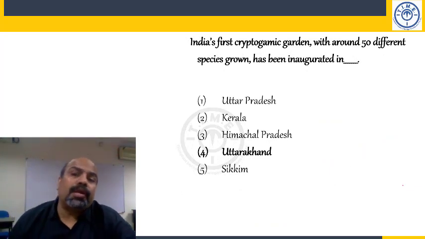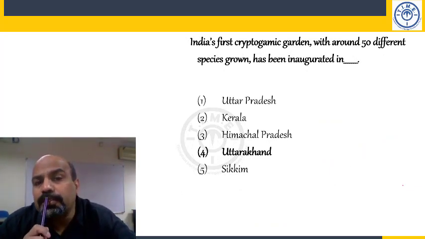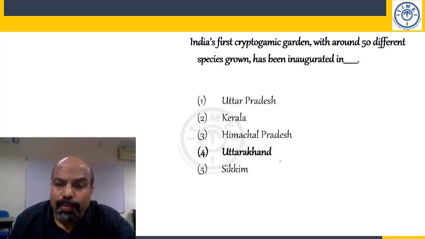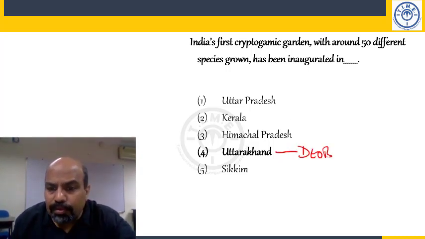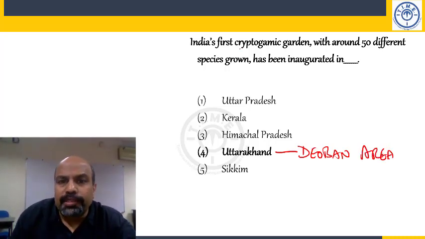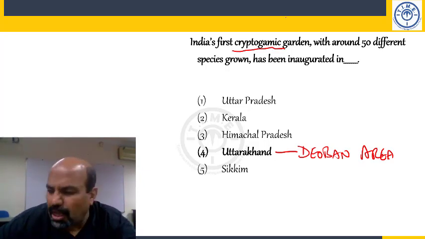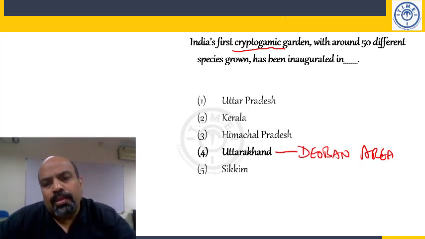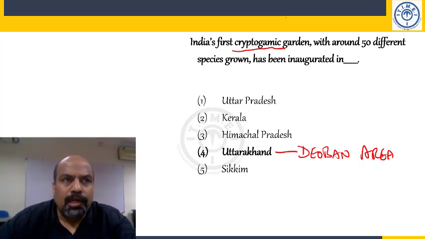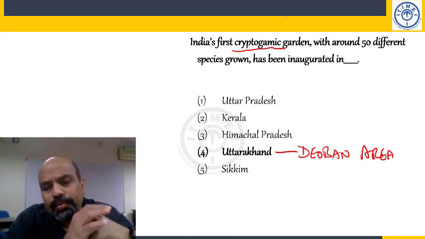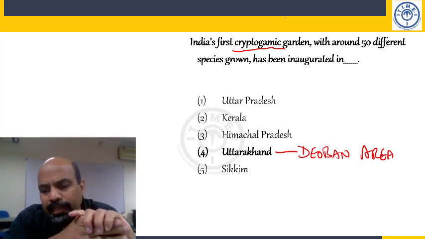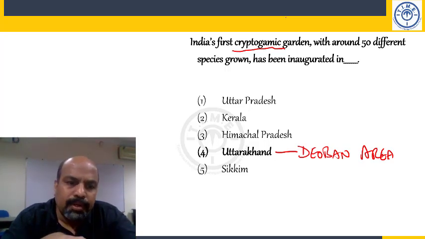Which India's first cryptogamic garden with around 50 different species has been inaugurated in Deoban area of Uttarakhand? So you could write this. What is cryptogamic? Cryptogamic means hidden reproduction.